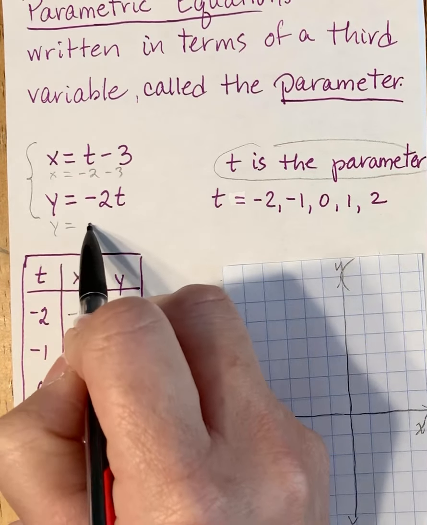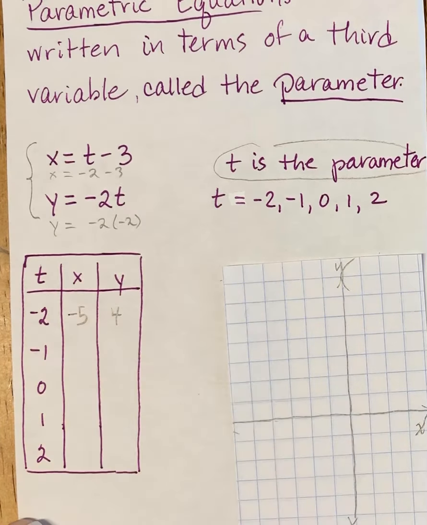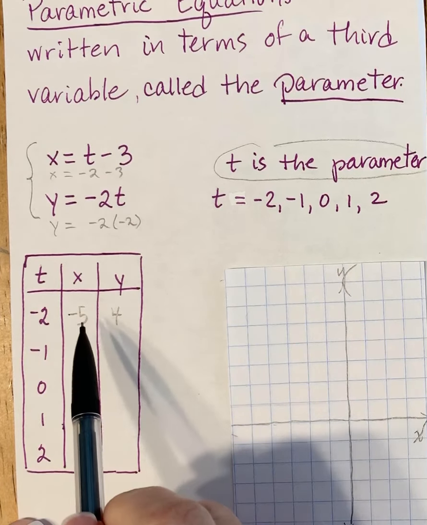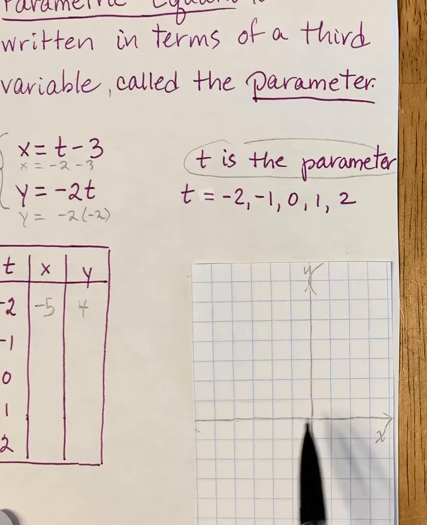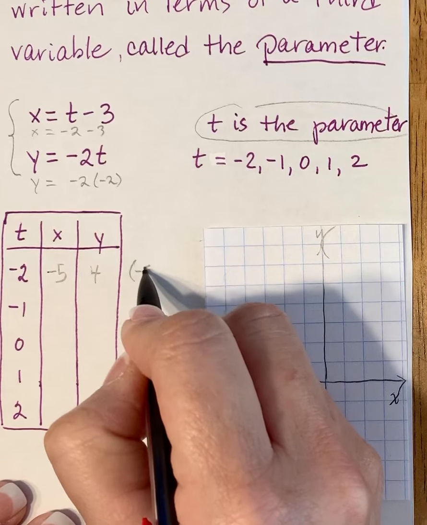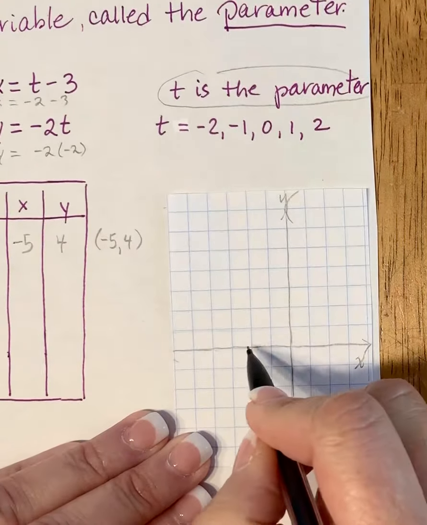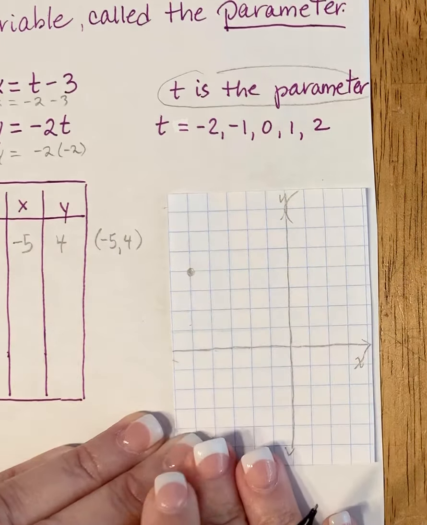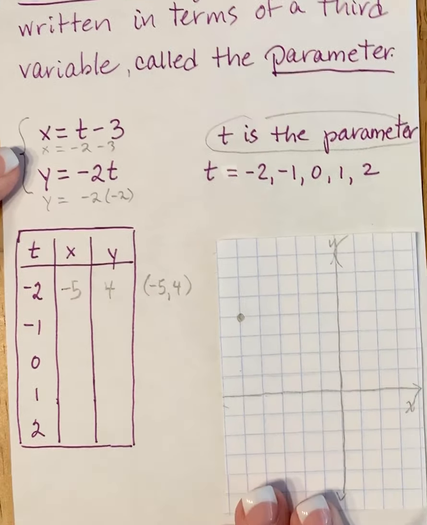So y would equal -2 times -2, and that would give you 4. So what we've now come up with is the ordered pair. Remember, they're x and then y. What we're graphing is going to be (-5, 4). So over here, we'll have a point, and that's on the graph. So that is a solution of these parametric equations.